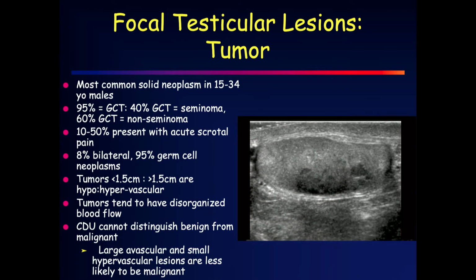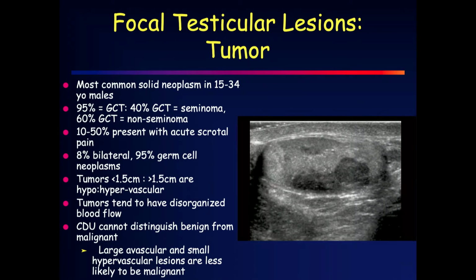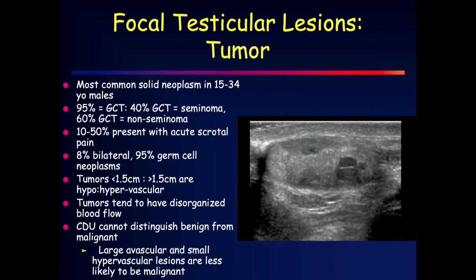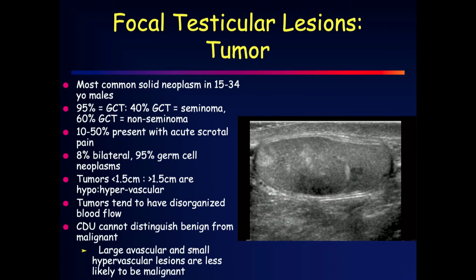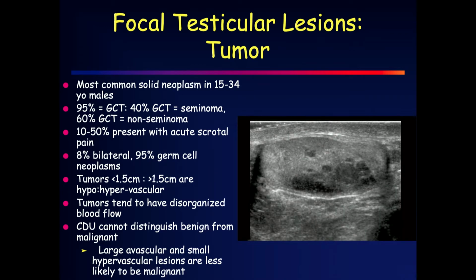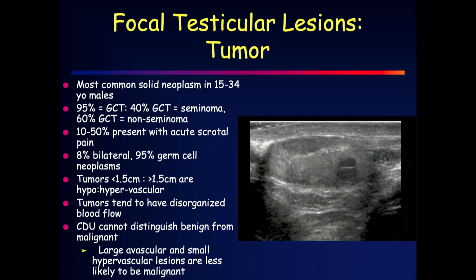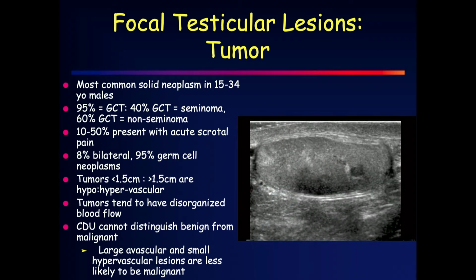This is the most common solid neoplasm in males in the 15 to 34-year-old age group. About 95% are germ cell tumors. A little over 50% are mixed germ cell tumors, a little under 50% are seminomas. Just like Richard was talking about with RFI, we cannot distinguish benign from malignant, in this case using color Doppler.